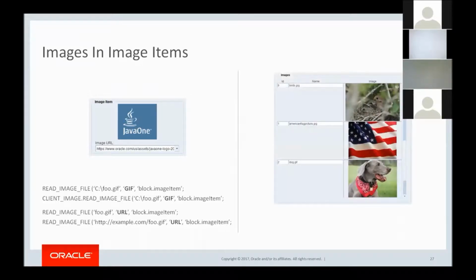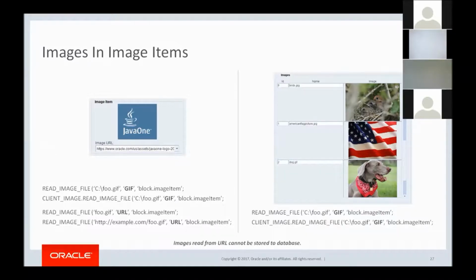And then, of course, there's the original intent of the image items where, for example, in a single or multi-row block, you have images that represent data in your database. Okay, this one hopefully everyone's familiar with. The concept is basically the same. To load the image, again, you're going to do read image file, which is going to read off the server. Or if you want it to come from the client, you would have to use the client image read image file.